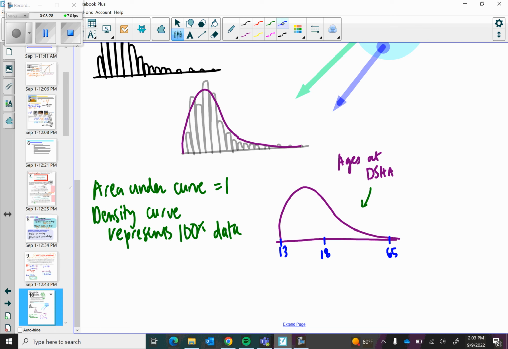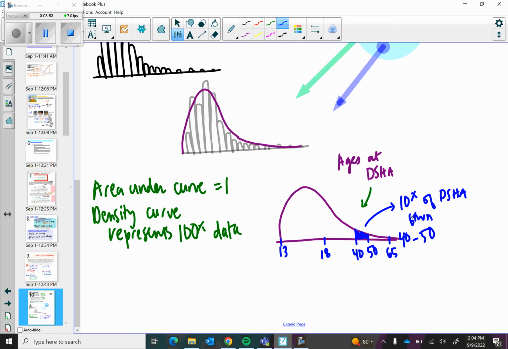If I tell you, let's say I know that between the ages of 40 and 50, maybe, this little bit of area, this shaded part right here, let's say I know that 10% of DSHA is between the ages of 40 and 50.